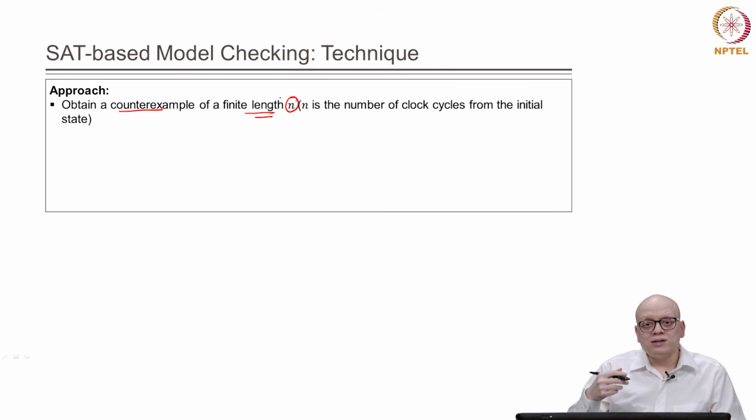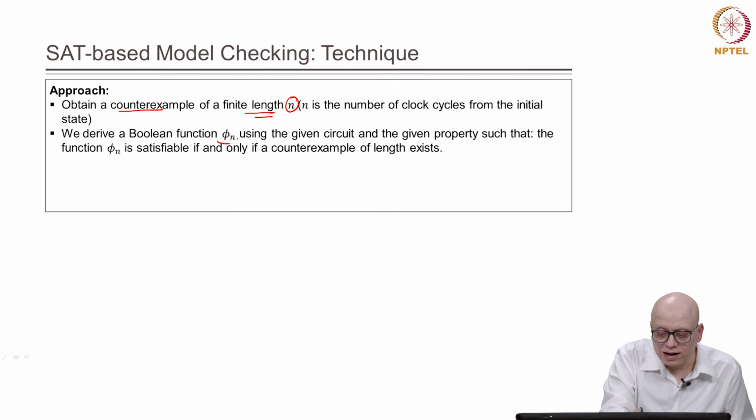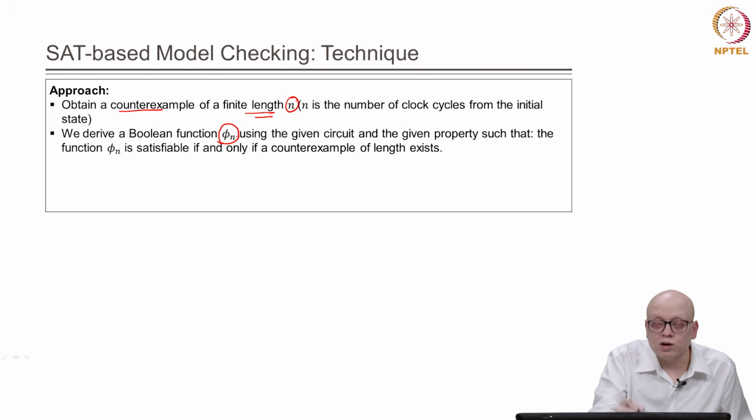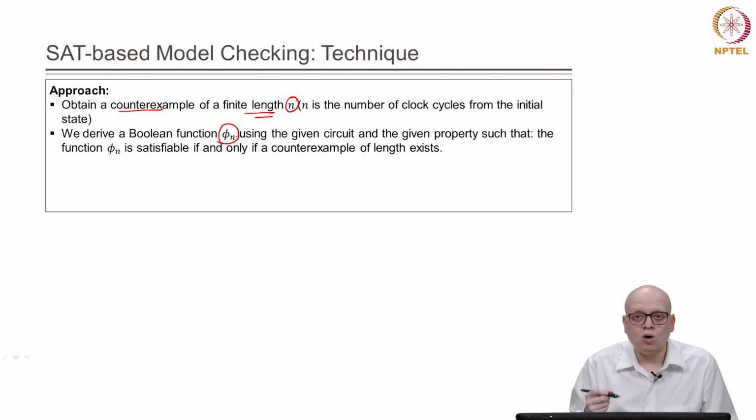So, the tool will try to formulate a Boolean function phi n. N is the number of clock cycles, or the length for which the tool is trying to check.